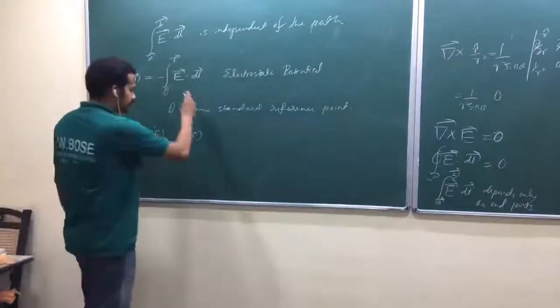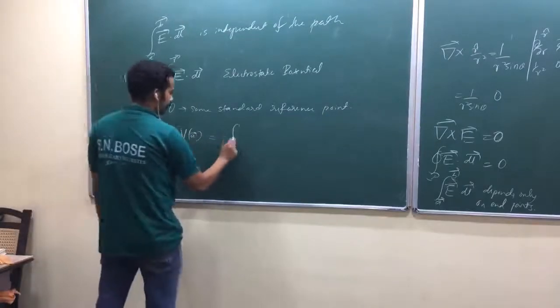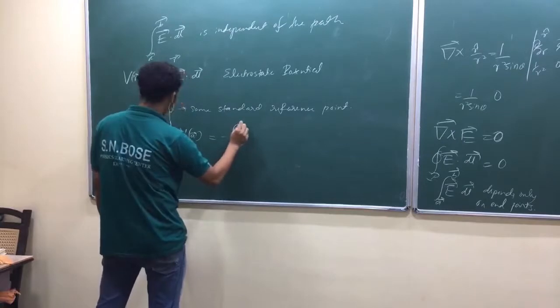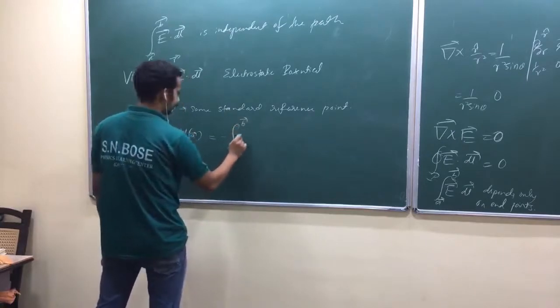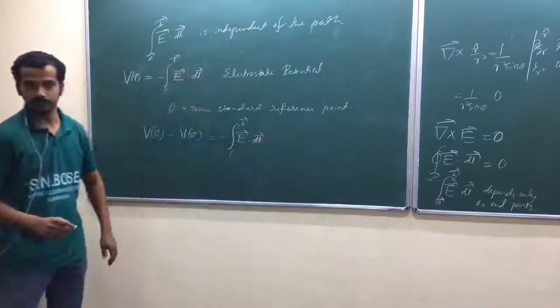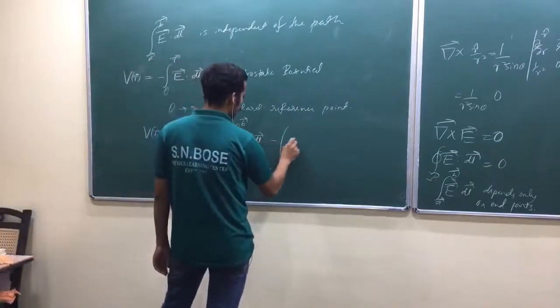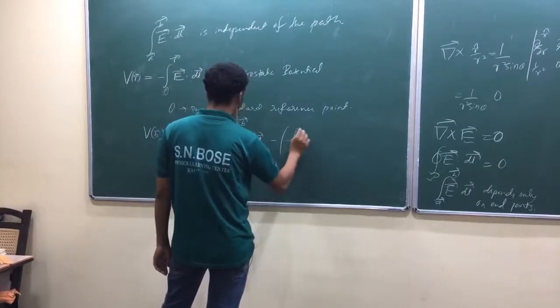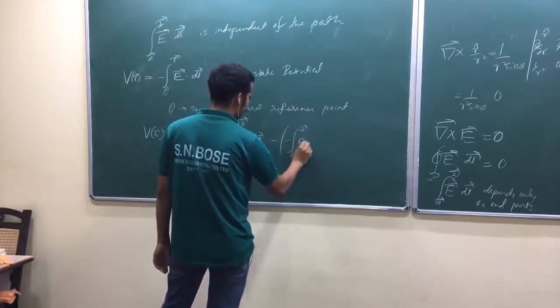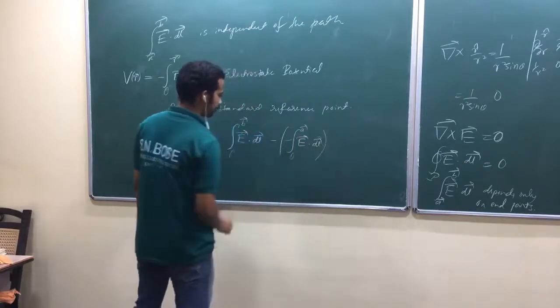According to this definition, what is V of B? Minus integral from reference point to B of E bar dot dl bar, minus minus integral from reference point to A of E bar dot dl bar.